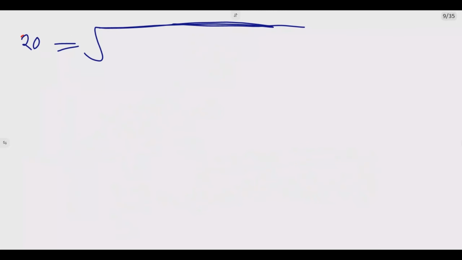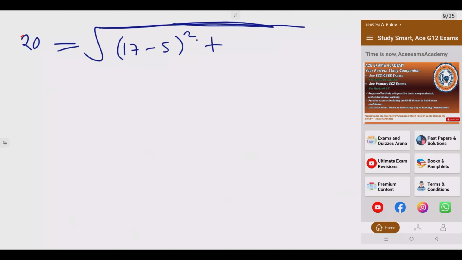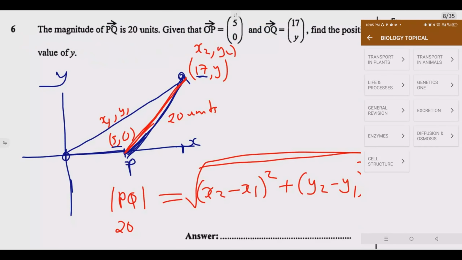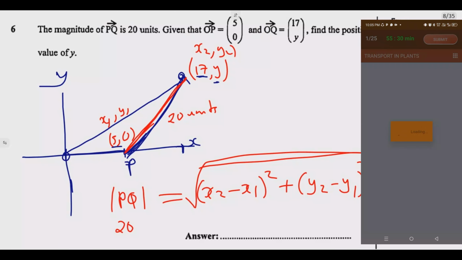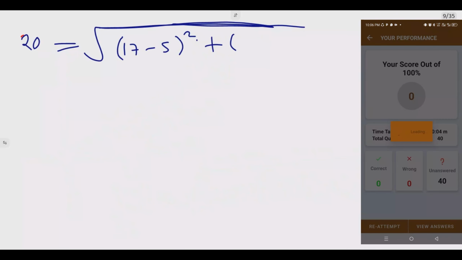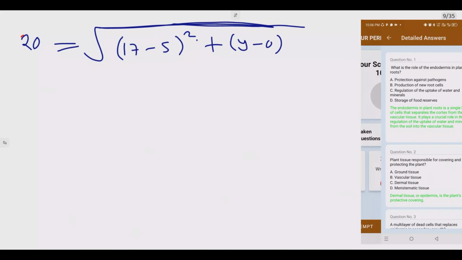So it becomes 17 minus 5, then we square that, plus the next value, y2, which is y itself. Then y1 is 0, so it will be y minus 0.